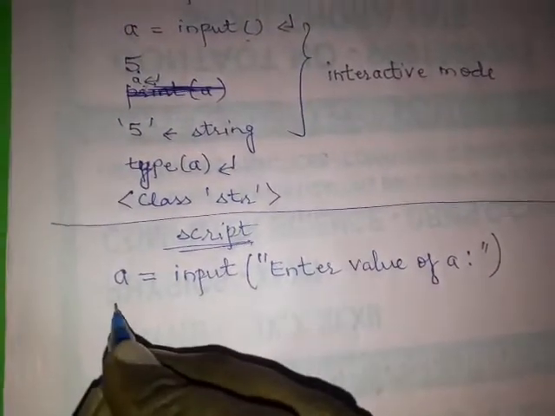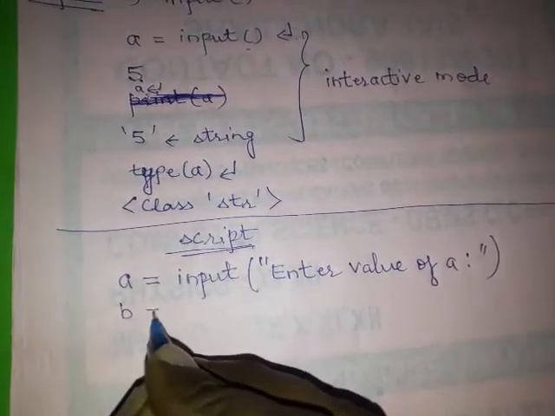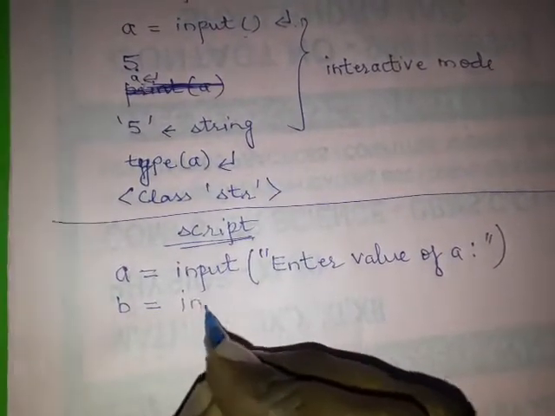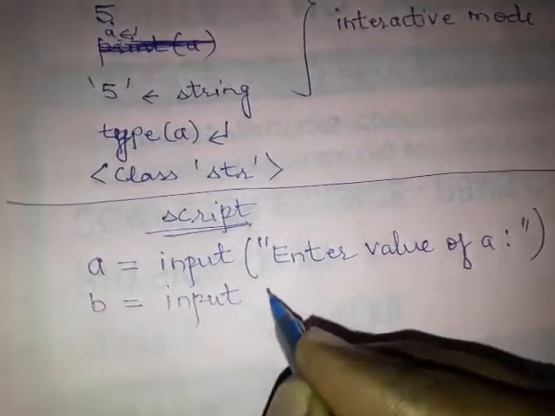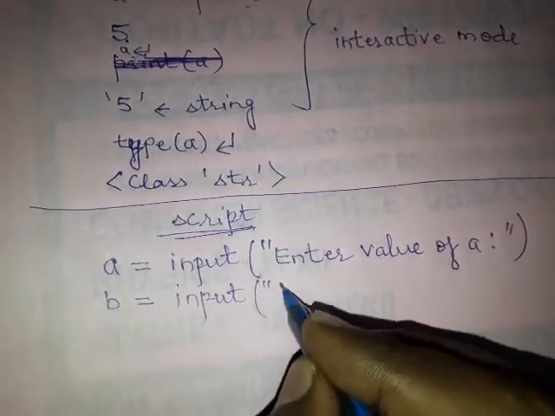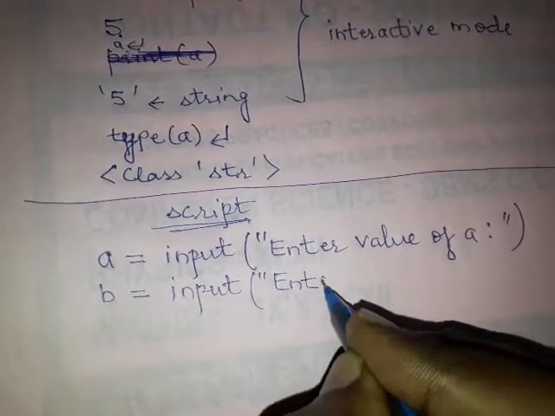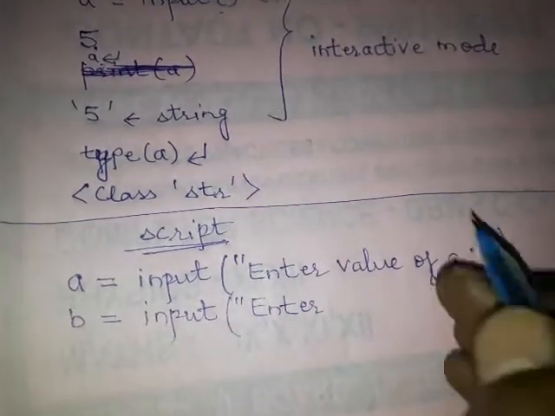Again I am using a variable b, the same thing, input, then again a message, enter value of b.